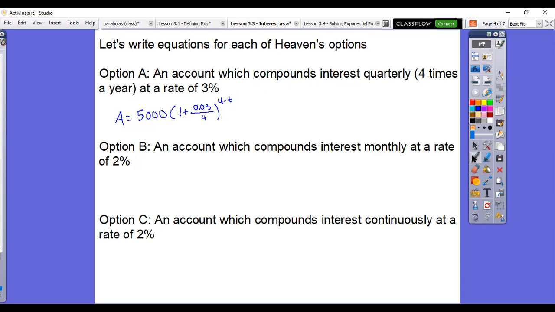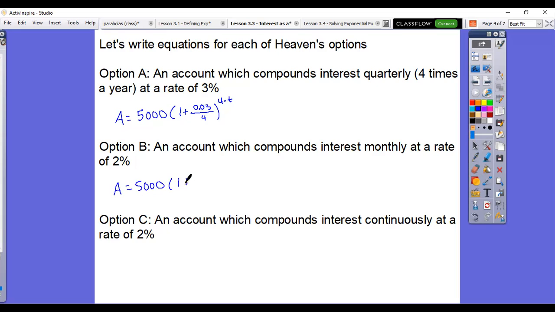And notice we don't know what T is equal to because we don't know how long Heaven is going to be investing this money. So we're going to leave it like this. Right now, the amount of money in the account is a function of the number of years that Heaven leaves money in the account. For option B, a lot of stuff is going to be similar. She's still investing $5,000.